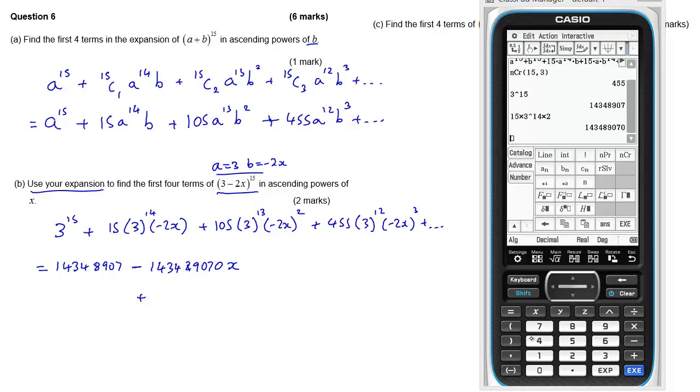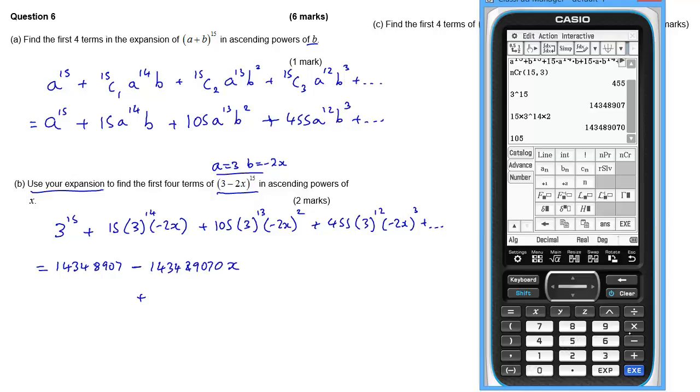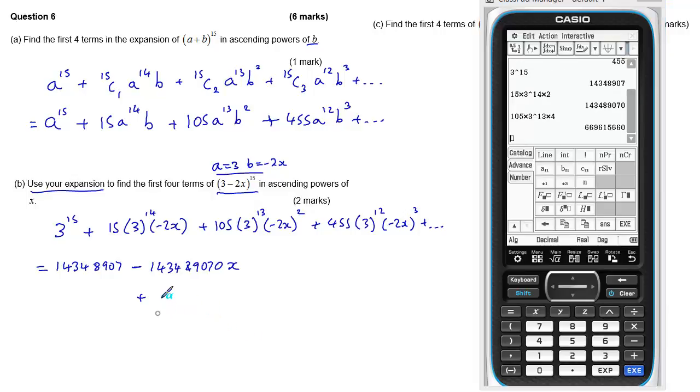And then the next one is going to be 105 multiplied by 3 to the power 13 and multiplied by 4. So that's going to be 669,615,660x squared. The next term will be negative because the negative 2x is cubed.